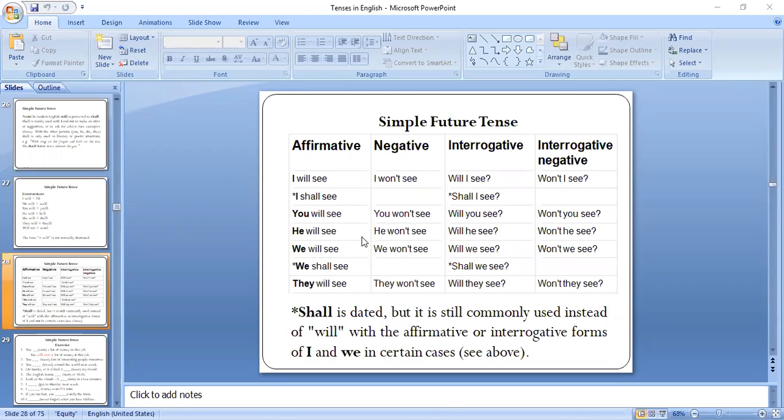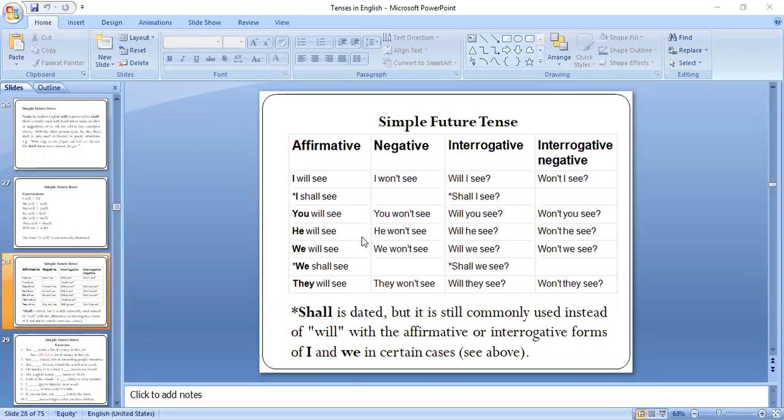Just write down the verb first. What is the verb in this sentence? You will see. Then its interrogative will become will you see? We have to start a question with the verb, and after that comes the subject, that is you, and the verb.